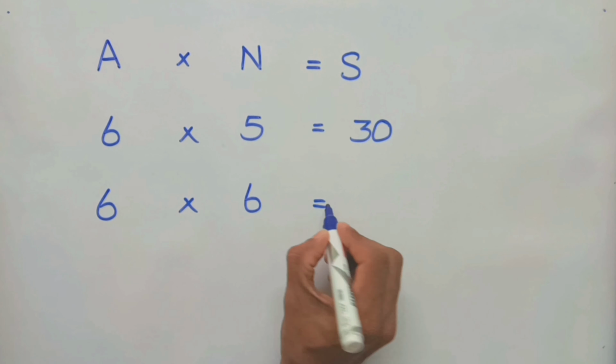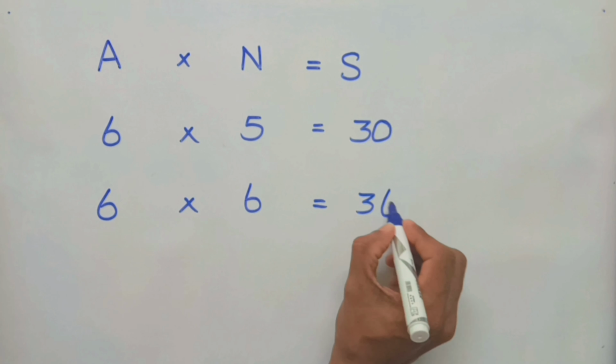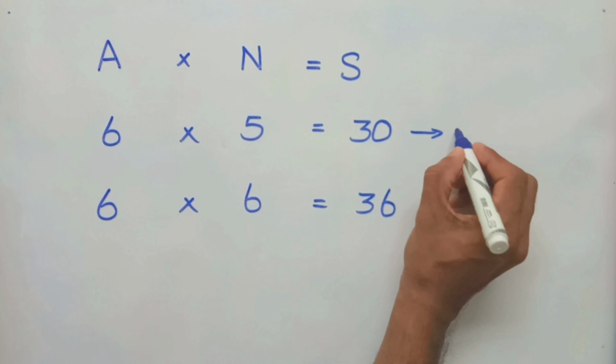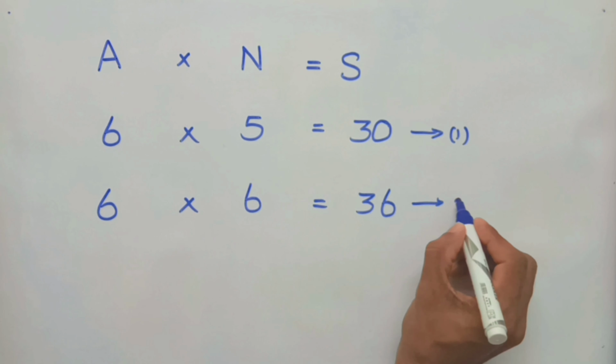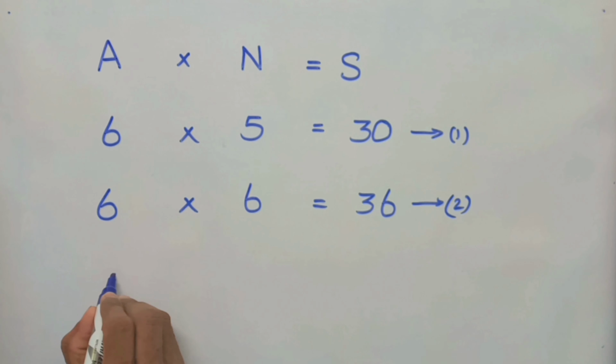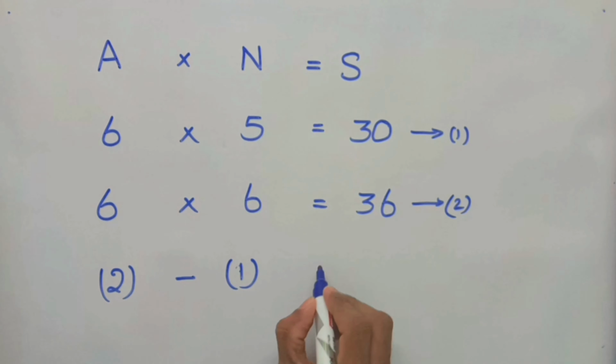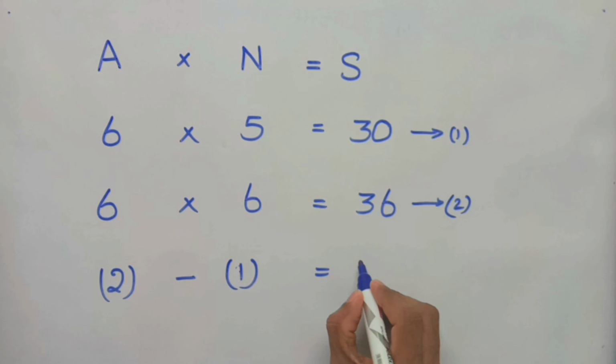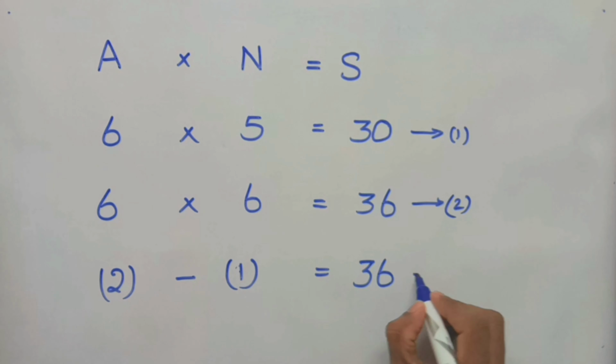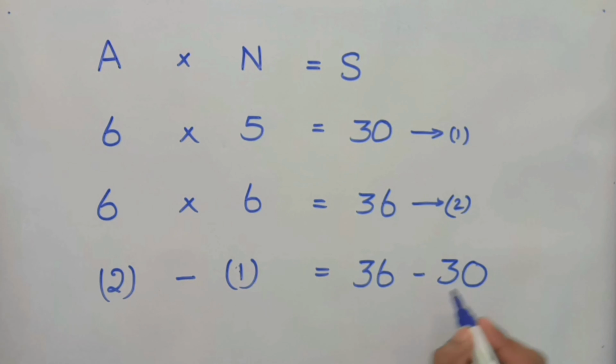So, the sum of 6 terms is 6 into 6 equal to 36. On subtracting the sum of 5 terms from the sum of 6 terms, we get the number which is added to the group of 5 terms. That is 36 minus 30 equal to 6.